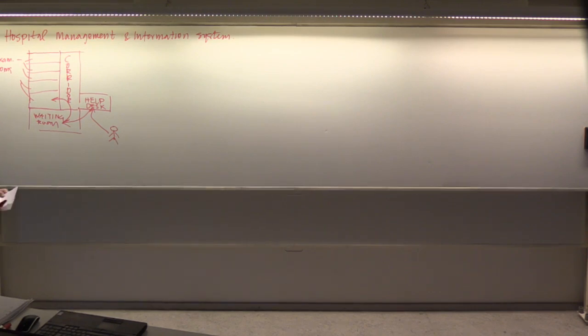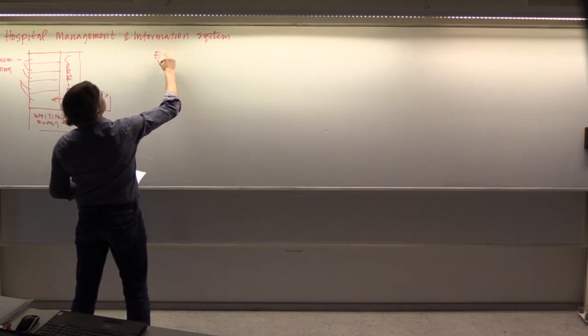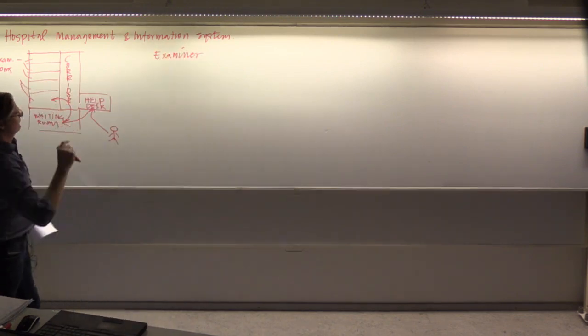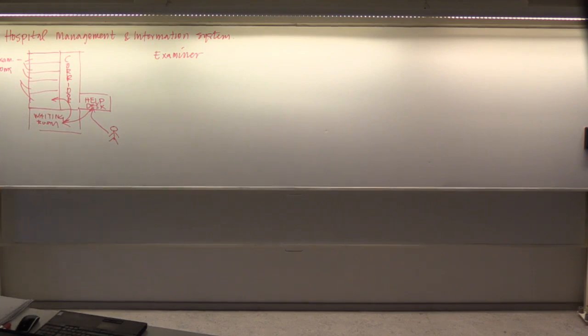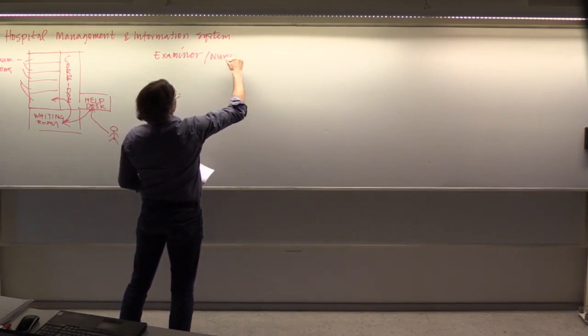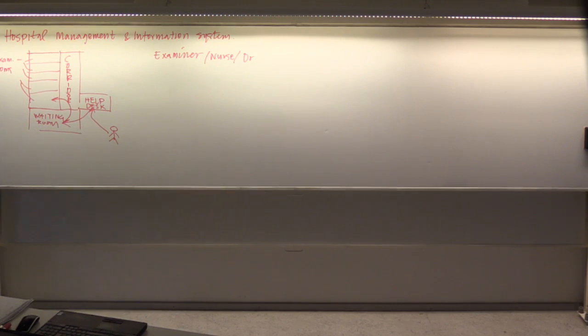So if you would try to write down a few words here, that's the first thing here. It's an examiner. That might be the nurse or the doctor. I mean, for some of these things, it might not be required to get a doctor.